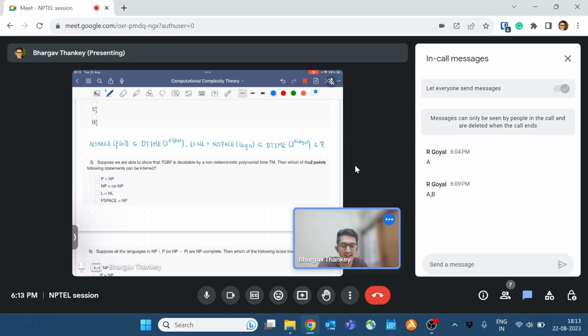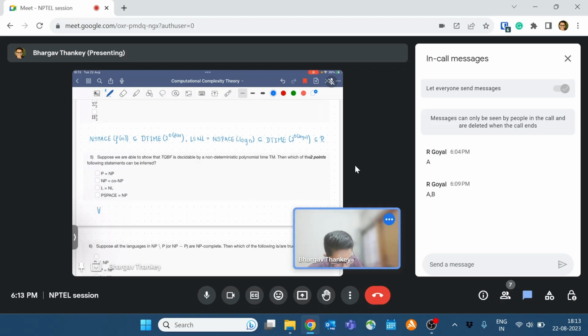If I were to use your exact same argument, I could argue that the language QSAT 2, that is there exists x1 for all x2, phi(x1, x2) is equal to 1, which is the complete language of the second level of the polynomial hierarchy, complete for sigma 2, is known to be in NP. That would imply the PH collapses, right?